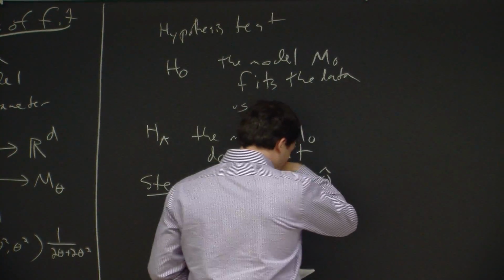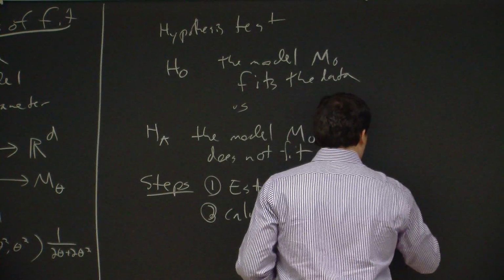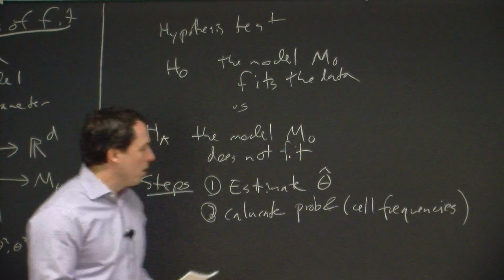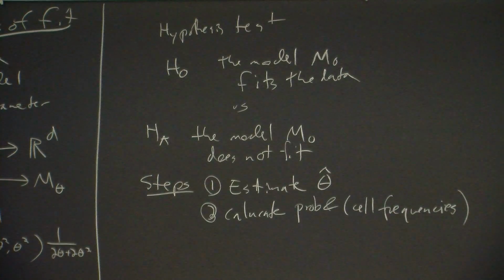If we're thinking about our discrete model for a table, we have to compute the cell frequencies. So for example, if we estimated theta, and we got some vector theta hat, theta squared, and then we divided it all by this constant to make them sum to 1, then we'd have to multiply them all by the sample size, and then we'd get our expected counts. Right?